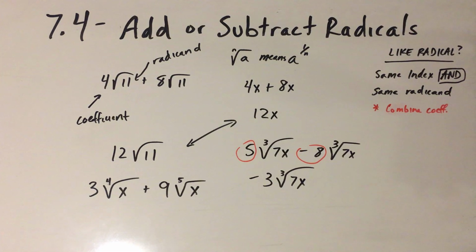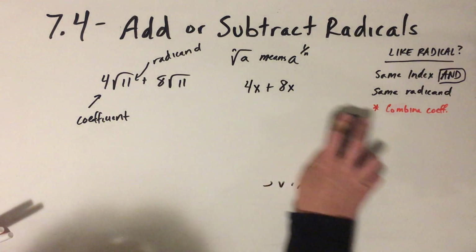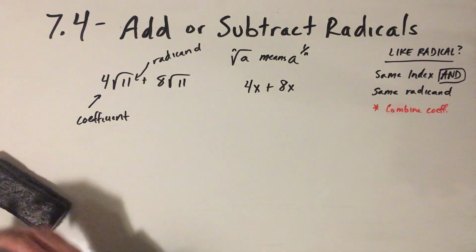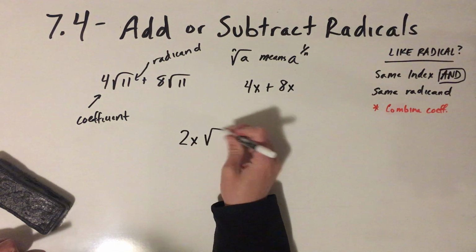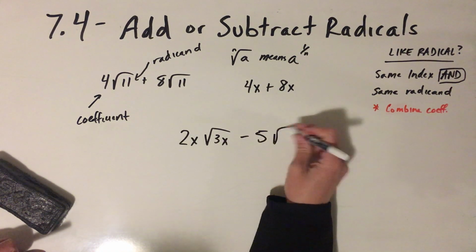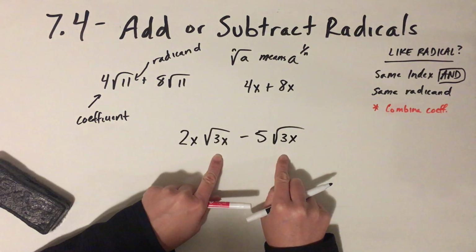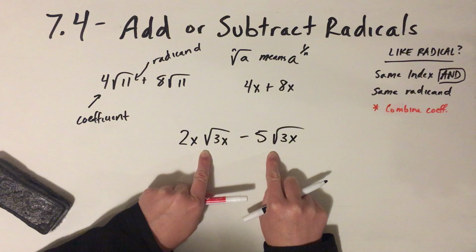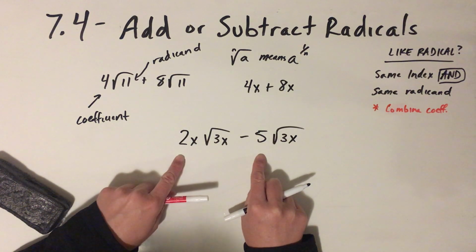Another thing that we want to look at here is if I had 2x square roots of 3x, and I wanted to subtract 5 square roots of 3x. So we say, hey, well, 3x is same radicand, index is 2, so same base, same radicand, same index, but can I combine these terms?